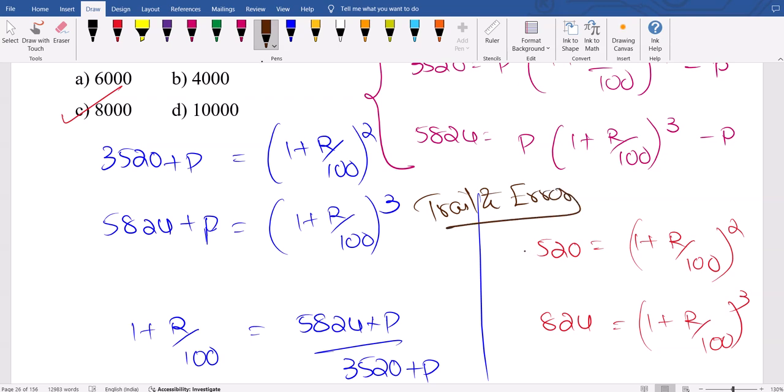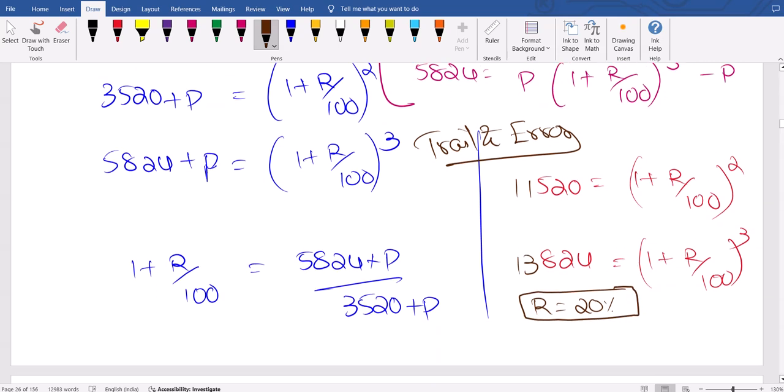If I do trial and error with 8,000 as the principal, this is 11,520 and this is 13,824. When I divide, the rate of interest is 20%. When I divide these two equations, P and P get cancelled, so 1 plus R by 100 will be equal to 1.2, and R will be 20%.